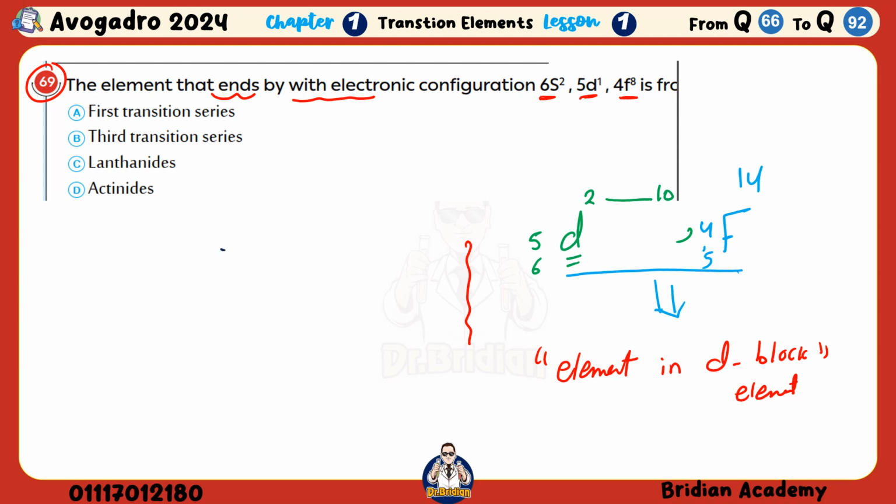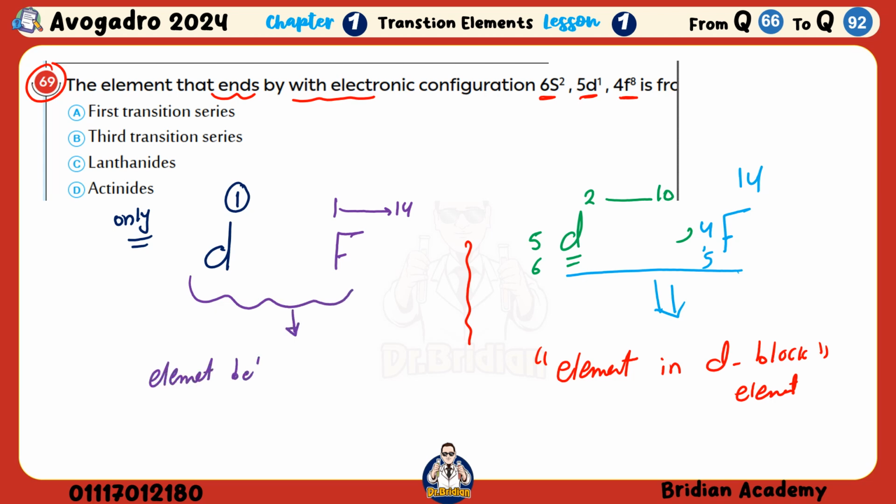On the other hand, if the electron configuration of the d sublevel contains only one electron, and the f sublevel is filled in sequence with electrons from 1 to 14, maybe 1, 2, 3, 4 until you reach 14 electrons, in this case the element belongs to the f block, maybe in lanthanides or actinides, and that depends on the principal quantum number for f.